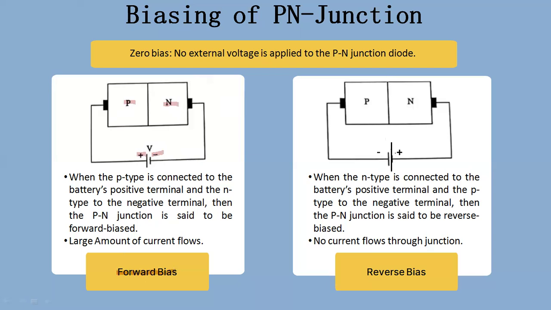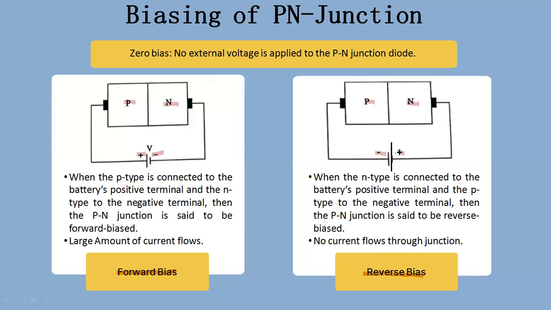Whereas whenever we are connecting the positive terminal of a diode with the negative terminal of the battery and the negative terminal of the diode with the positive terminal of the battery, this type of connection is called reverse bias connection.